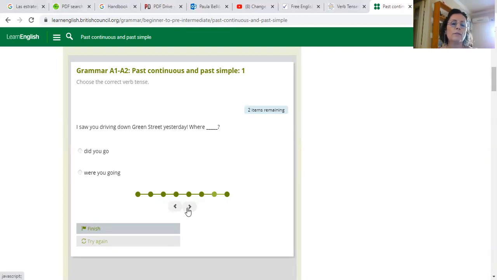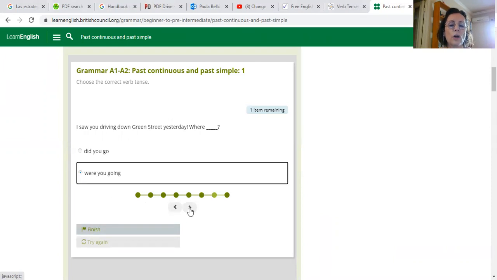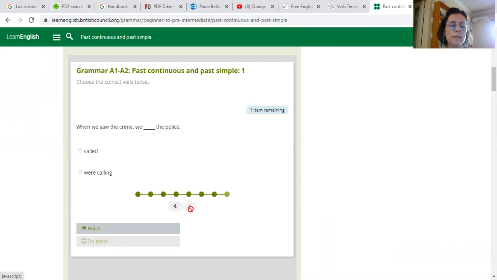I saw you driving down Green Street yesterday. Where? This is an action in progress. Where were you going? Yes, excellent.